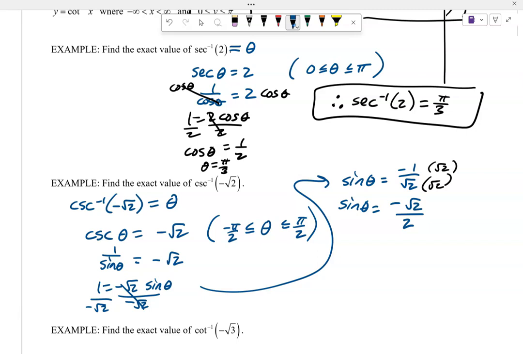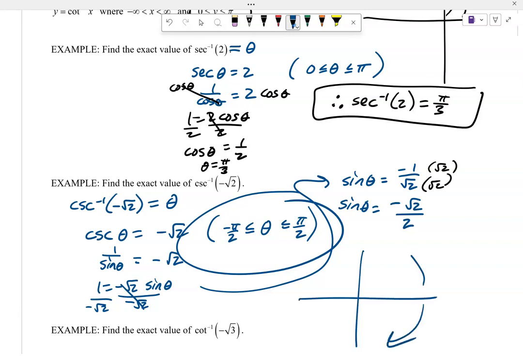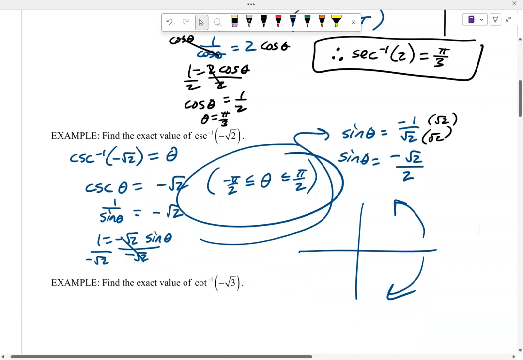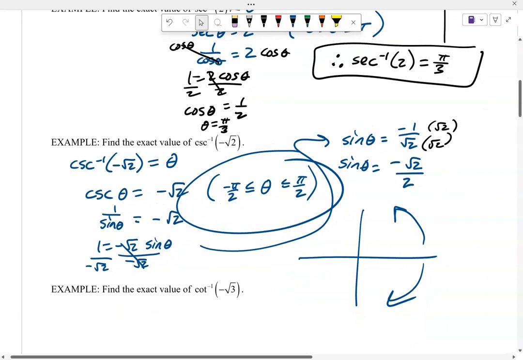And so now, remember, we're looking between negative pi halves and pi halves. So I'm looking on my unit circle between negative pi halves and pi halves. I say, okay, sine of what? Well, if the sine value is negative, or in other words, the y is negative, which one has a sine that's negative root 2 over 2?